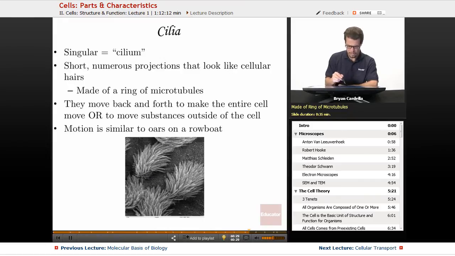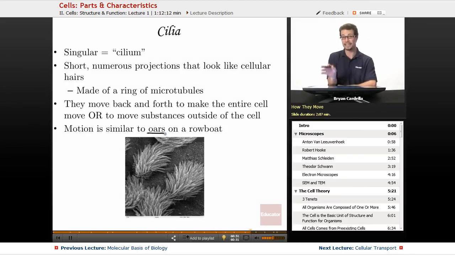So yes, they are sticking out through the plasma membrane. And if you do cut them in half, there's a ring of microtubules. They move back and forth to make the entire cell move. So it's almost like oars on a rowboat. They move a lot like oars, back and forth, as if you are rowing with a rowboat.